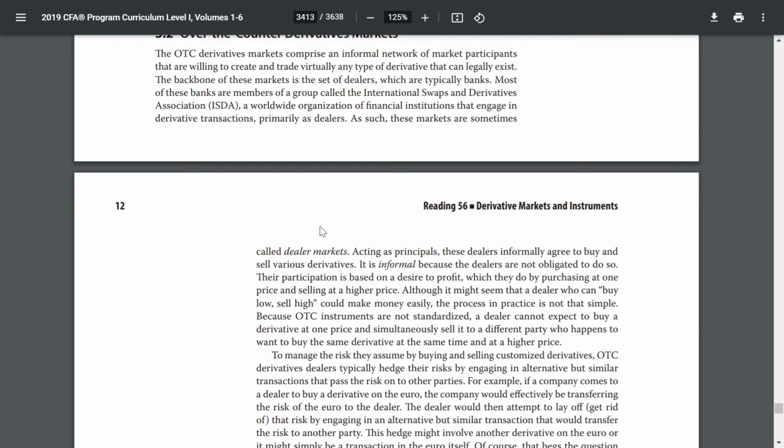Although it might seem that a dealer who can buy low and sell high could make money easily, the process in practice is not that simple, because OTC instruments are not standardized. A dealer cannot expect to buy a derivative at one price and simultaneously sell to a different party who happens to want to buy the same derivative at a price higher than the original.